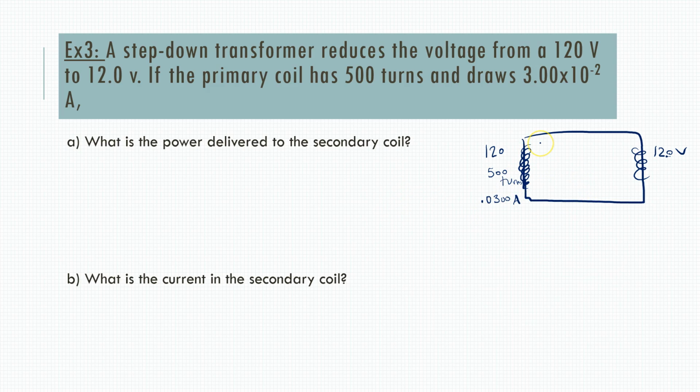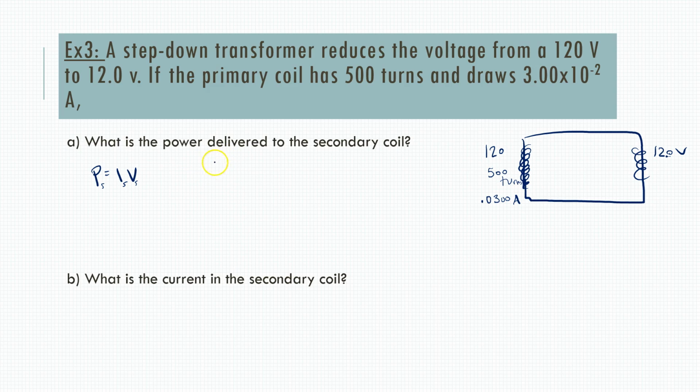First of all, what is the power delivered to the secondary coil? Well, remember that we can find power by doing P is equal to IV. So that's my goal here. I need P is equal to IV of all the secondary stuff.